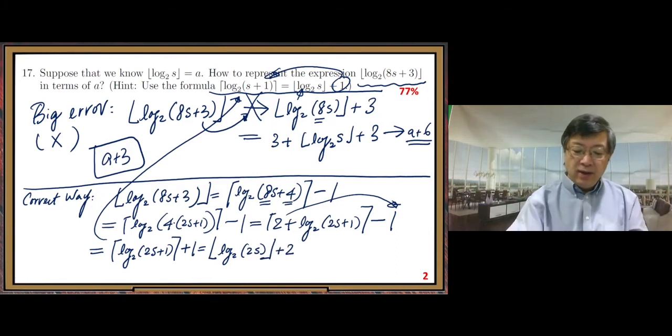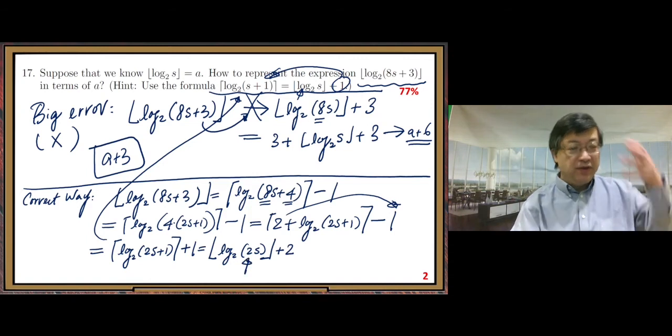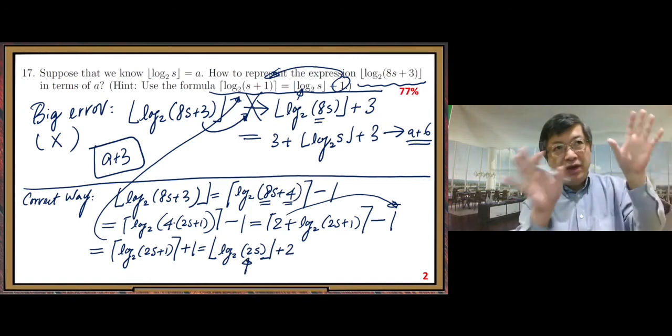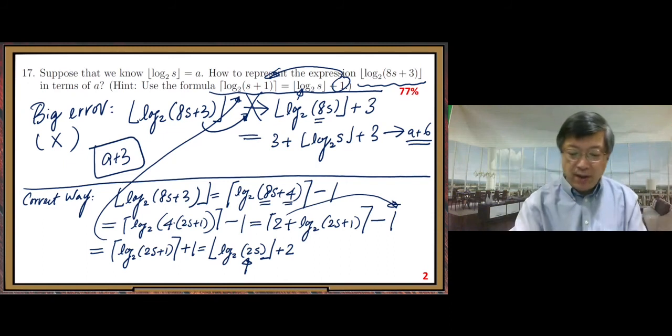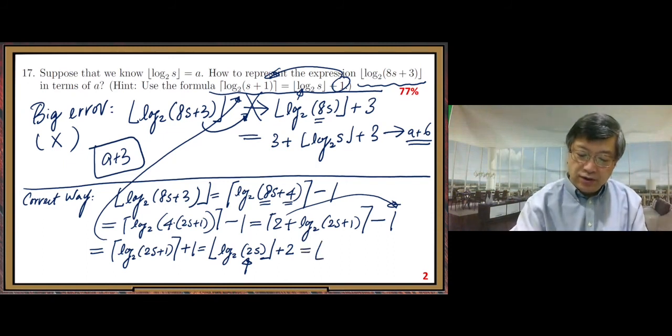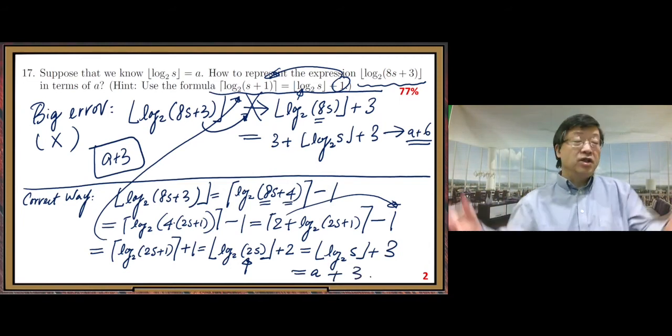But that too, you can use that property, plus 1, that property. So you get s plus 3. So that's a plus 3. Yeah, that's the correct way.